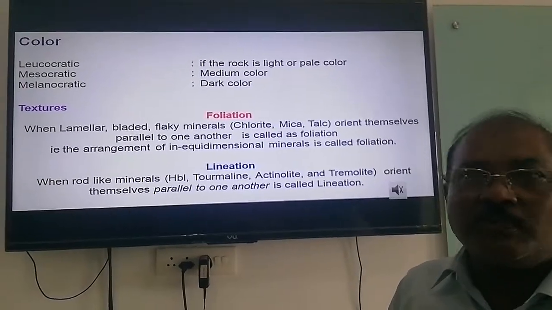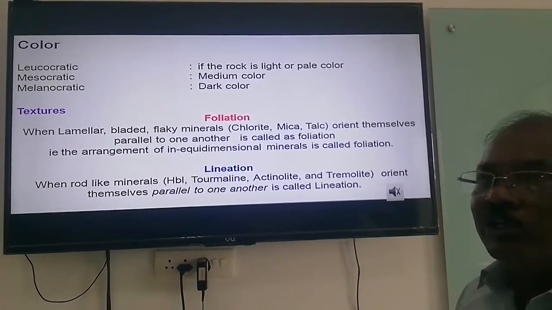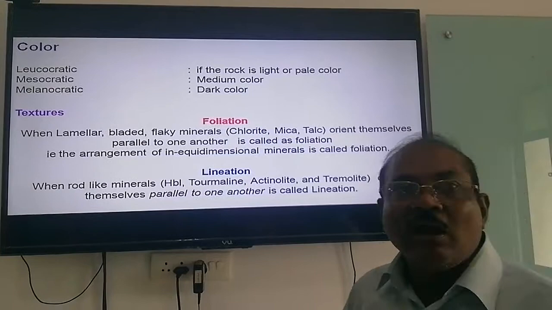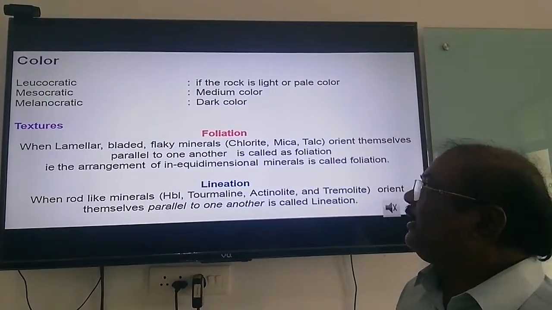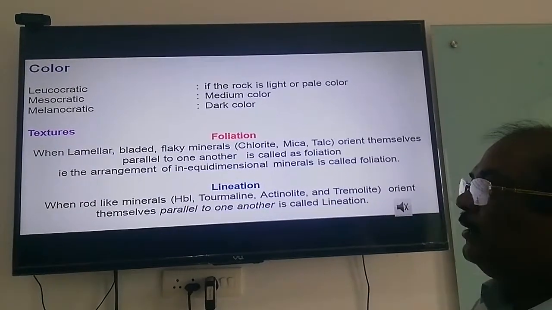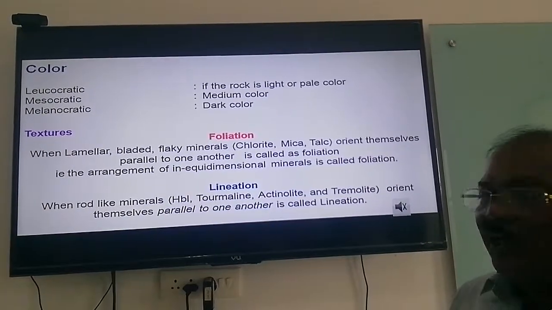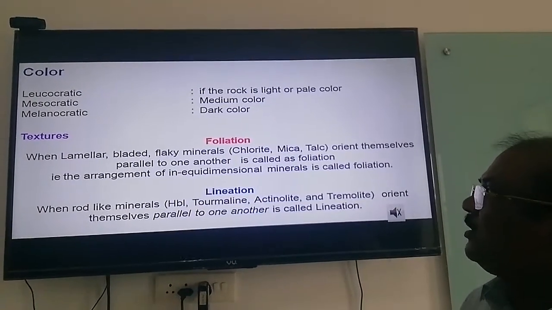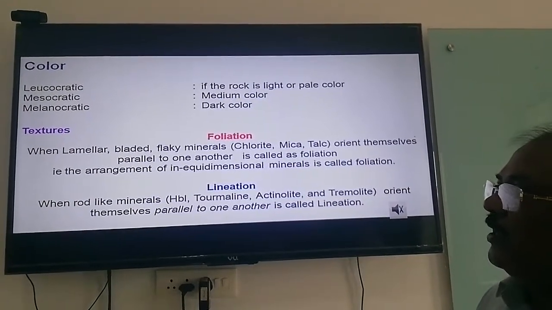And textures. Some of the textures seen in metamorphic rocks include foliation or lineation. The difference between foliation and lineation is explained now. Lamellar minerals, bladed minerals and flaky minerals such as chlorite, mica and talc are flaky minerals.